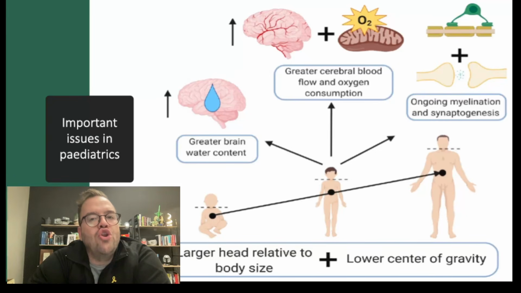And they have got ongoing myelination and synaptogenesis. So their brains are very active, but thankfully for us, it means that their brains are very neuroplastic. Now, we'll talk more about neuroplasticity later on in this podcast, but just briefly, neuroplasticity refers to the ability of the brain to heal and reform new synapses and new neurons in response to an injury.